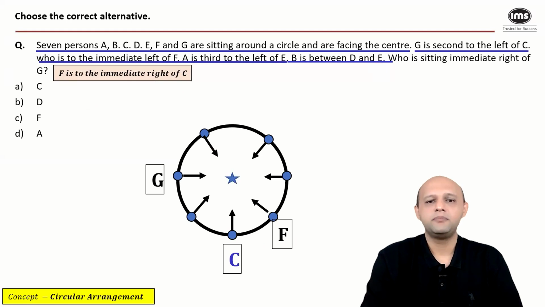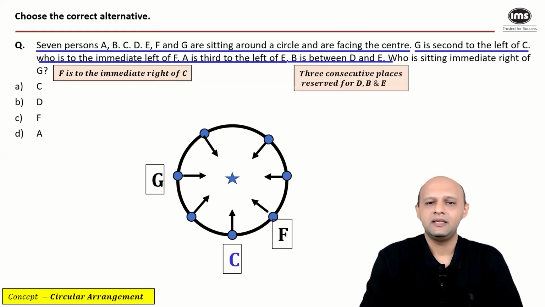Now for B to be between D and E, it means there are three consecutive places reserved for BDE. In this frame, if you notice, 1, 2, 3 seem to be the only three consecutive places which are empty. No other three consecutive places are empty.